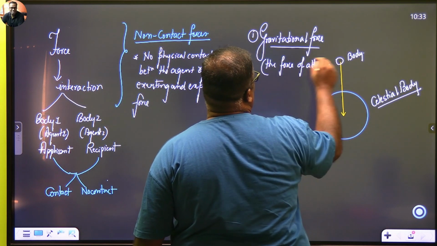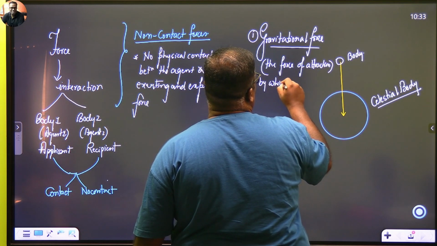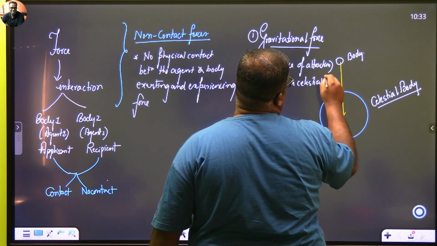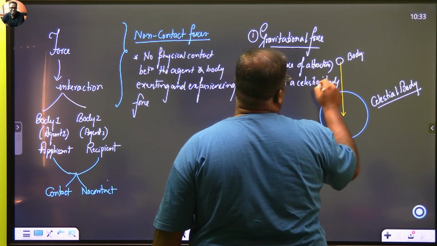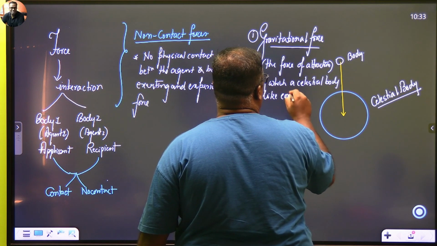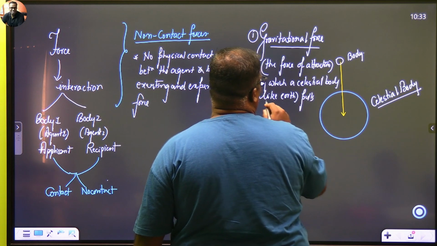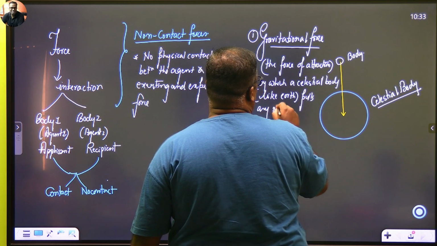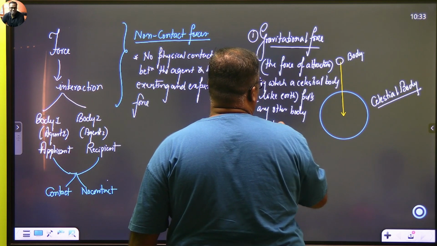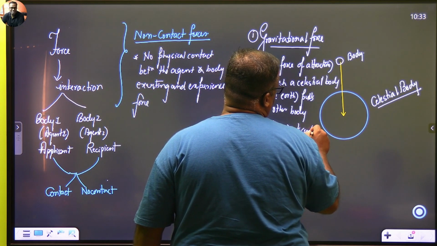It's the force of attraction by which a celestial body, and when we write, say, Earth, pulls any other body towards its center.